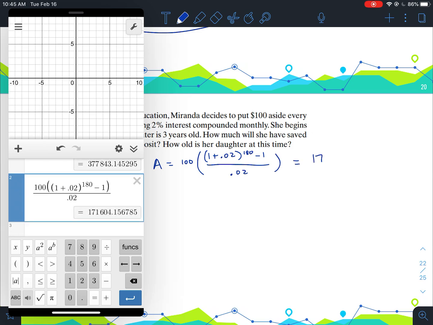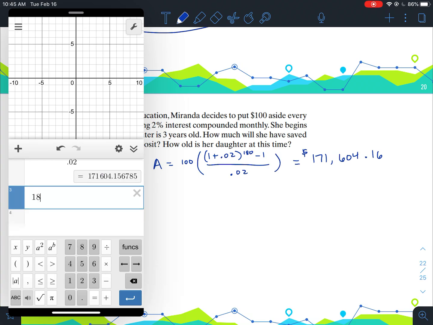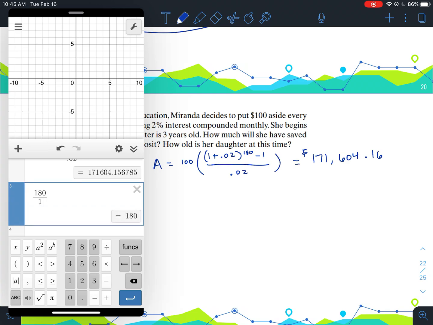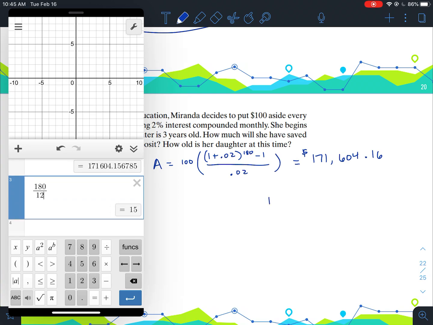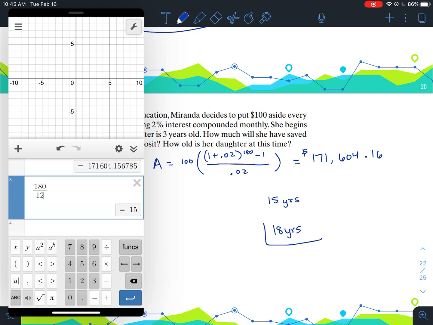And so she will have $171,604.16 after her 180th deposit. And it wants to know how old her daughter would be. Well, 180 divided by 12 is 15 years she's been depositing. Her daughter was 3 years old, so her daughter will be 18 years old after 180 deposits.